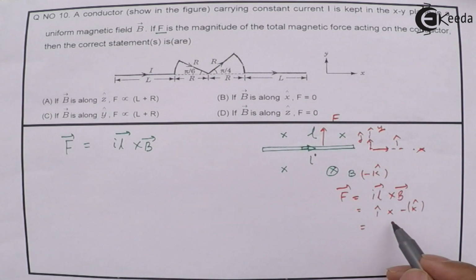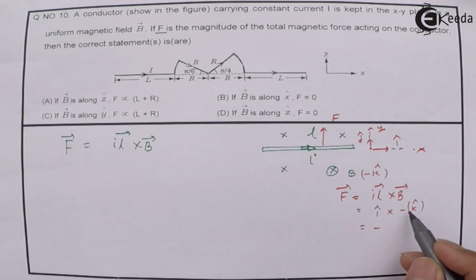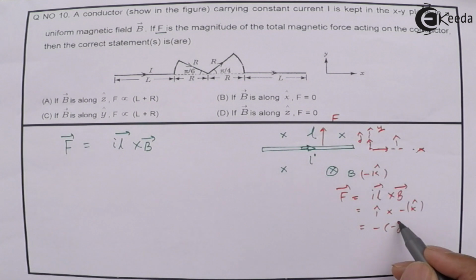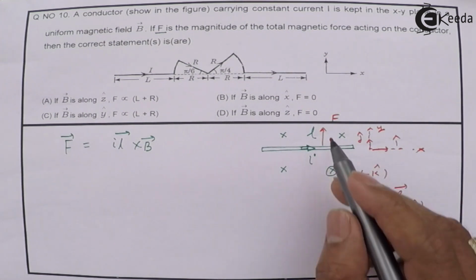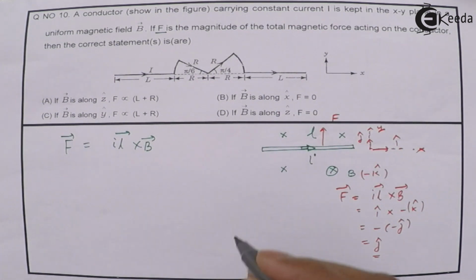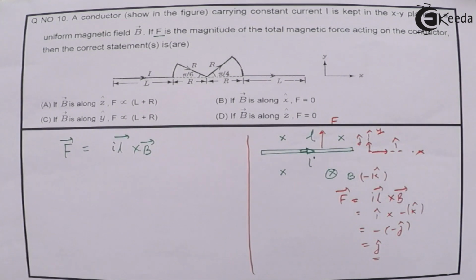So this is minus of i cross k, and k cross i is j, so i cross k is minus j. So minus is already there, and minus of minus j comes out to be plus j cap. Therefore it is in this direction. This is the basic concept, that is the force that will act on a conductor placed in a magnetic field.